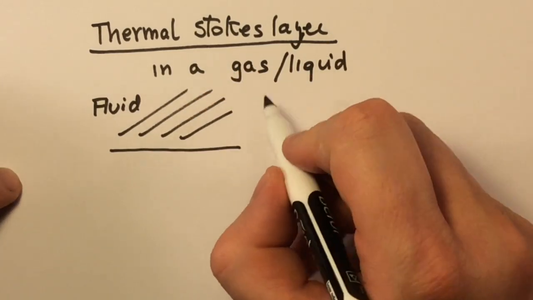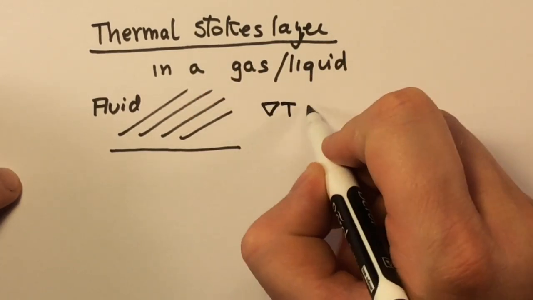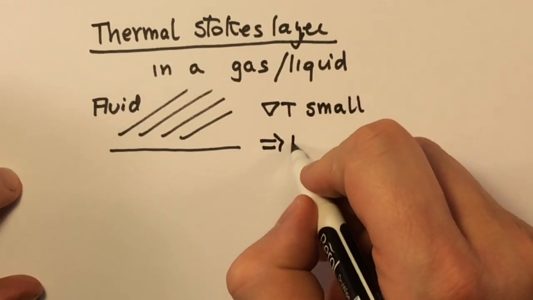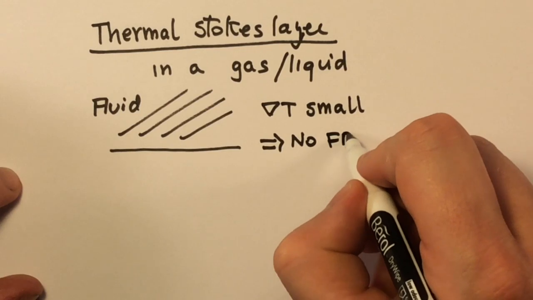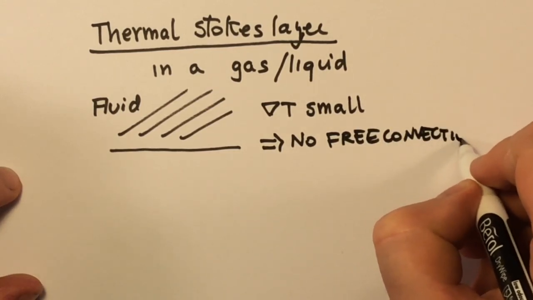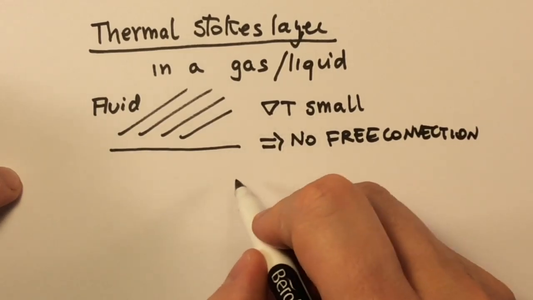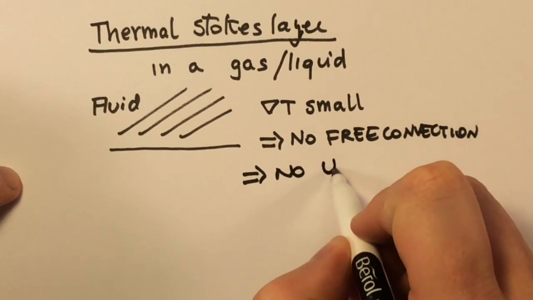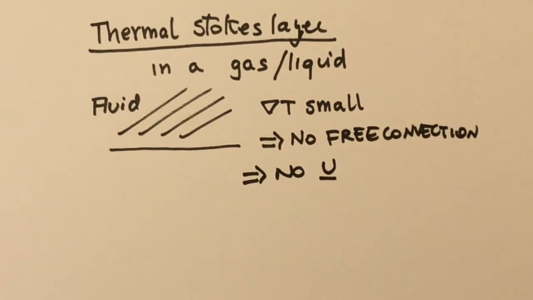But as long as the gradient or temperature are small, we have no free convection, which means that the temperature gradients do not induce any velocity. So we have no u bar, no velocity field inside the fluid. In this case, we can still use the solution of the conduction thermal layer in the fluid case.